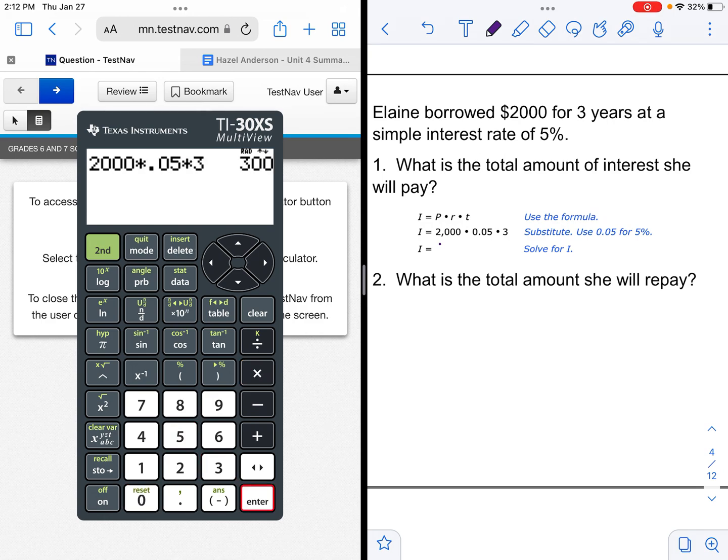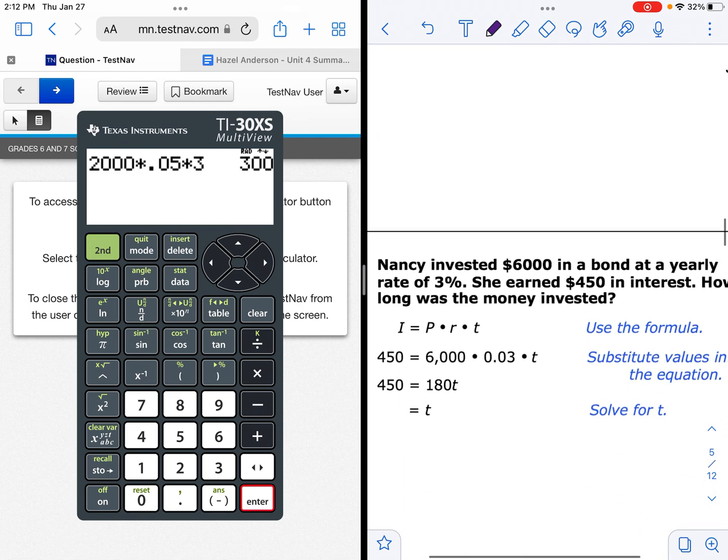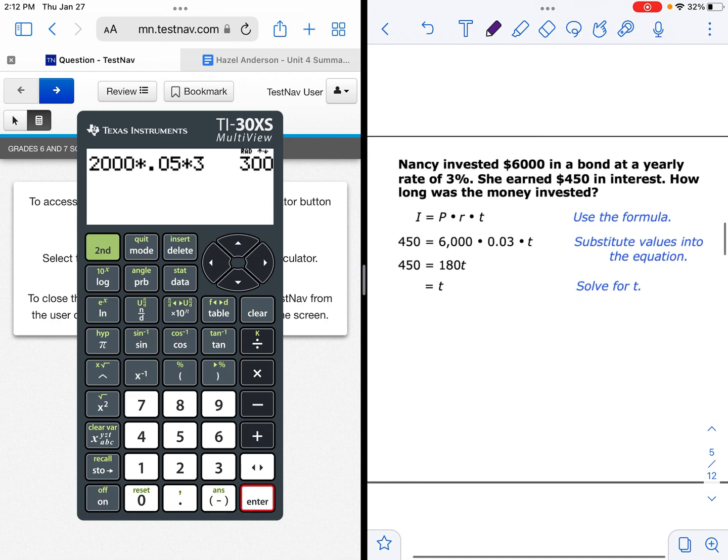She's going to pay $300 in interest. So what is the total amount she will repay? She not only has to repay the $2,000 that she borrowed, but also the $300 in interest. So she's going to pay back $2,300 at the end of the loan.